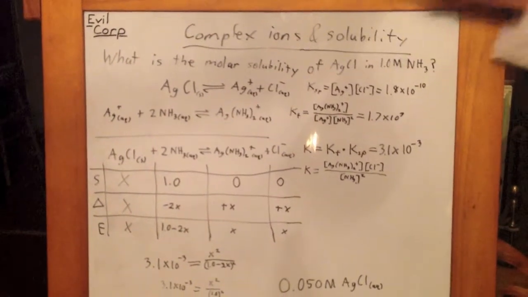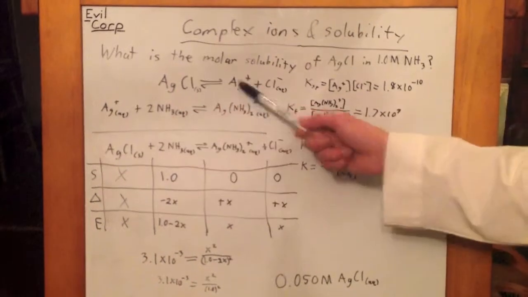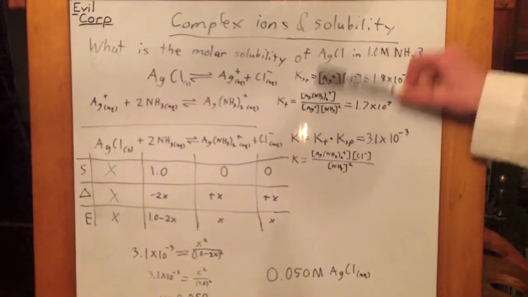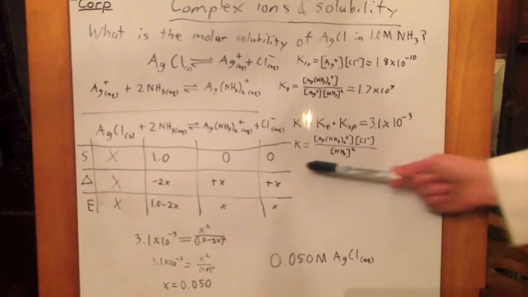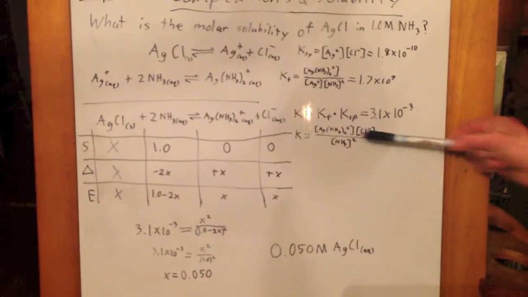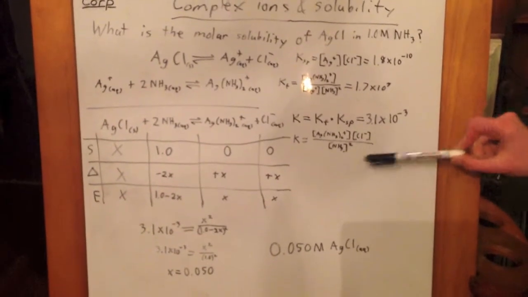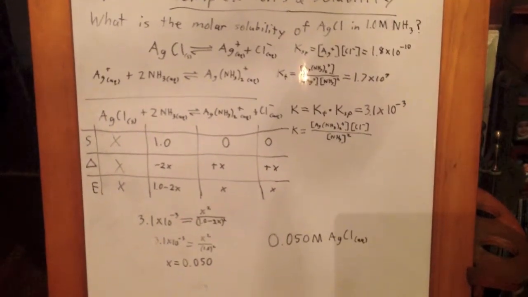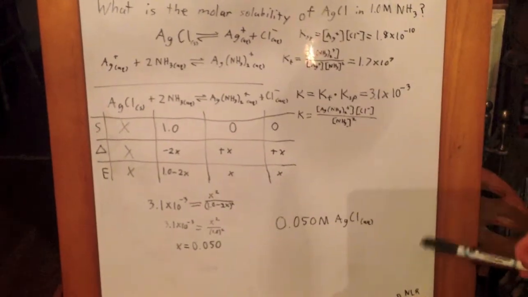Once we add the equations, the silver ions cancel, and when we multiply the equilibrium constants, we get our new constant, which is the complex ion multiplied by the concentration of chloride ions all over the concentration of ammonia squared.